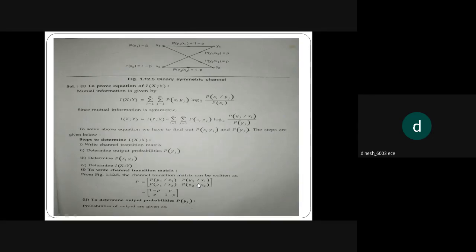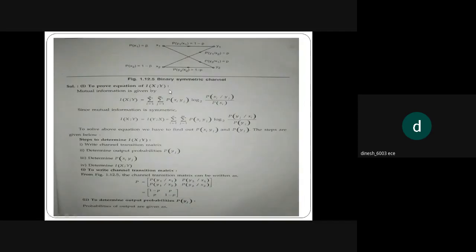So the resultant output probability will be P of x1, P of x2 into the channel transition matrix. So the x1, x2 in terms of a row, into the channel transition matrix. This is how we find it.